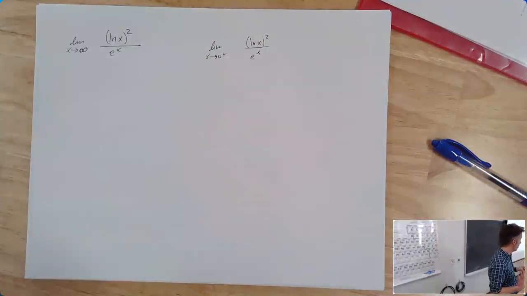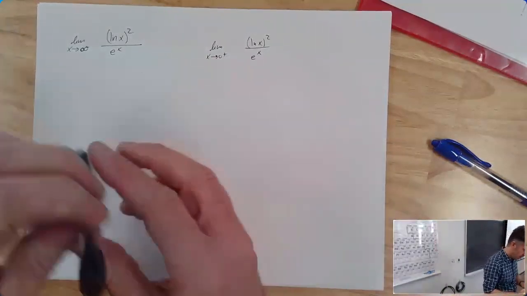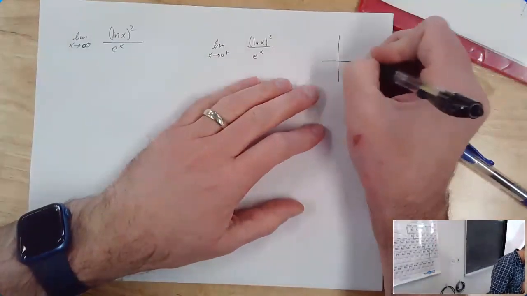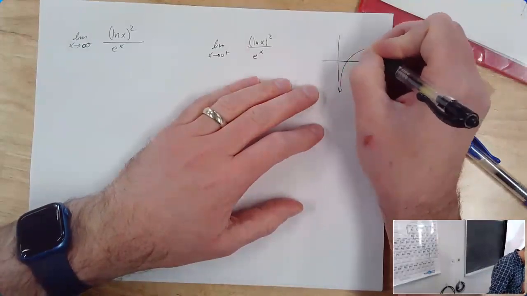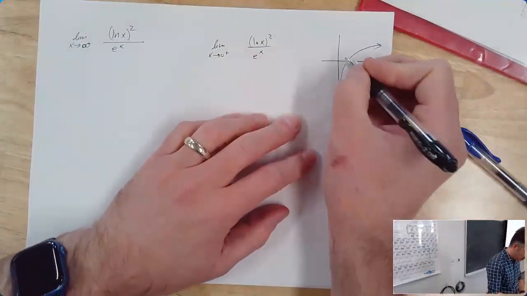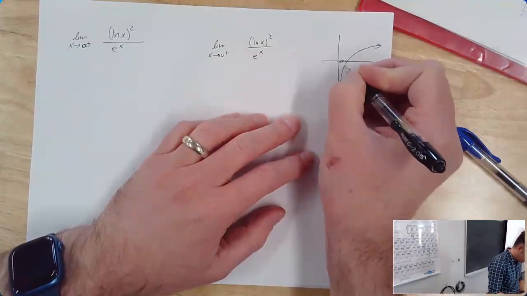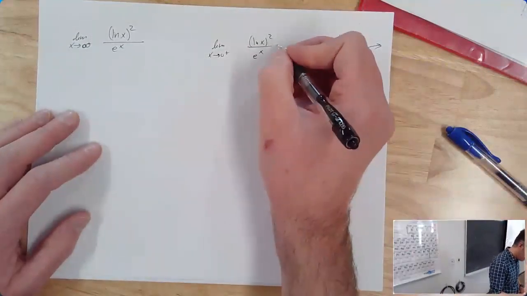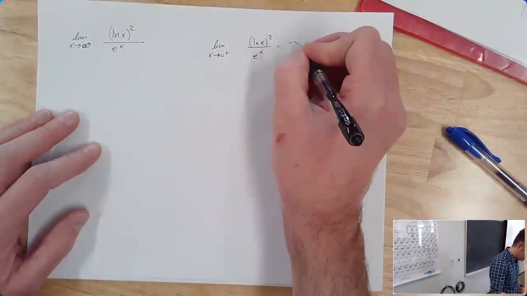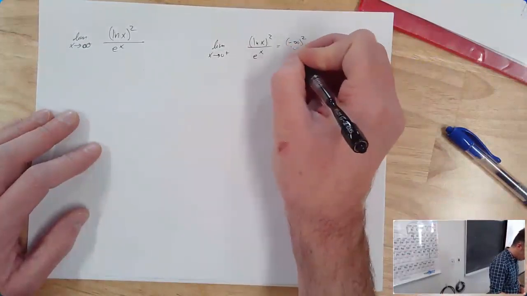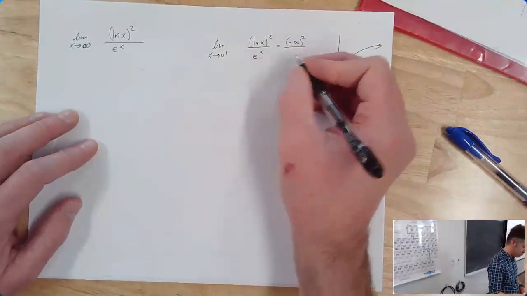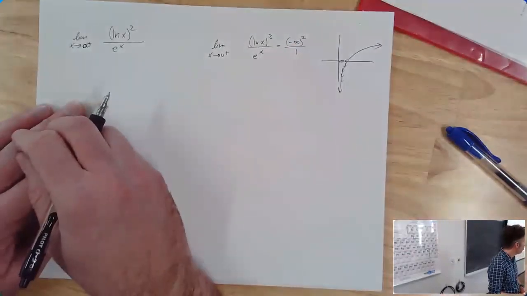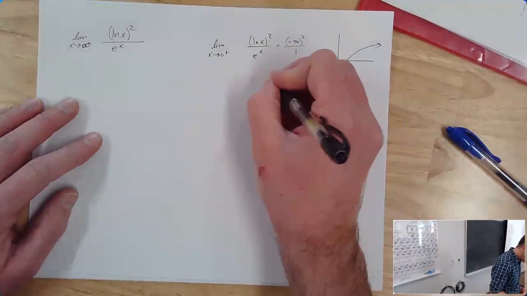As we approach 0, the values get more and more negative, going to negative infinity. So this looks like something going to negative infinity squared over something going to 1. So this limit would be infinity.